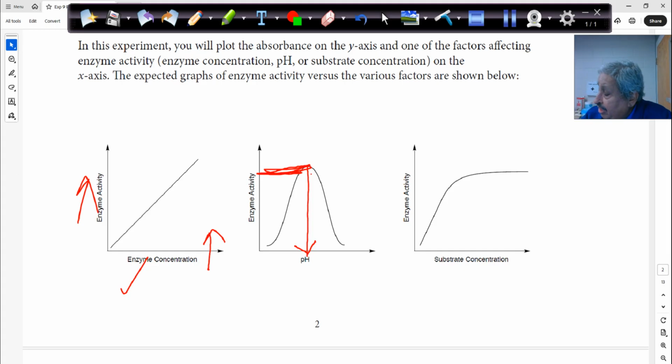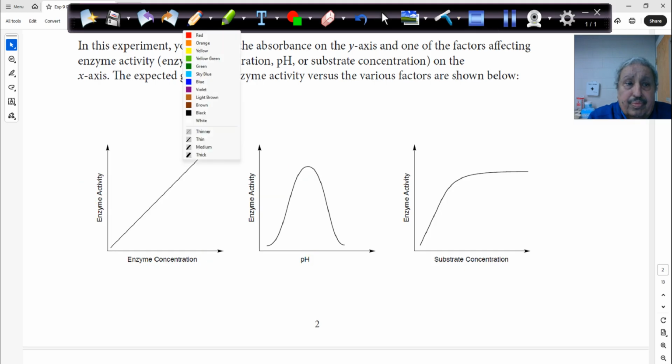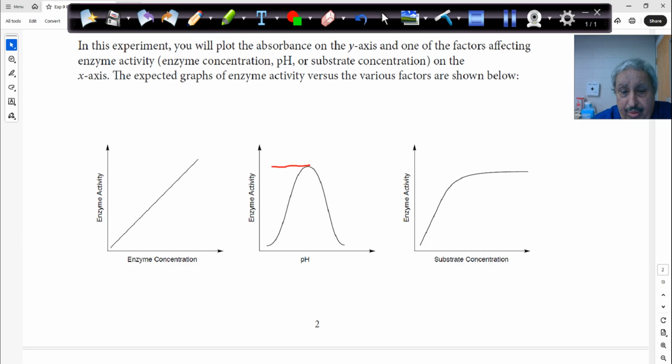So the enzyme is not working on all the pH. The pH is the scale of acidity and basicity of the solution, correct? So not every enzyme will work in all types of pH. This is the optimum. Maximum enzyme activity is obtained at this optimum pH.